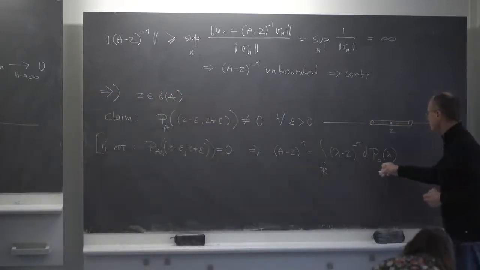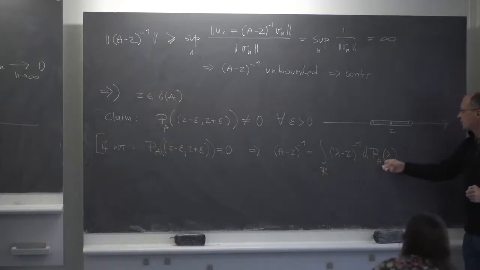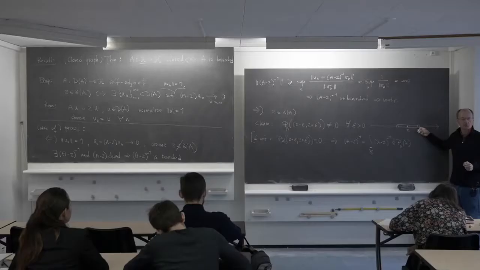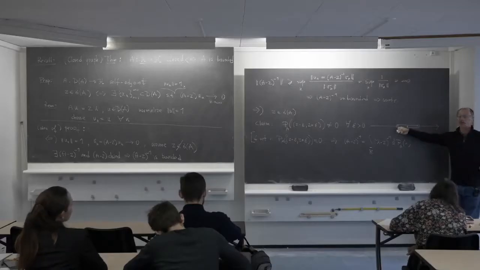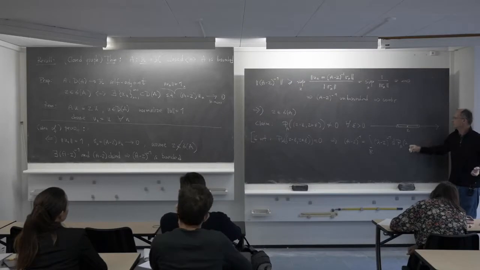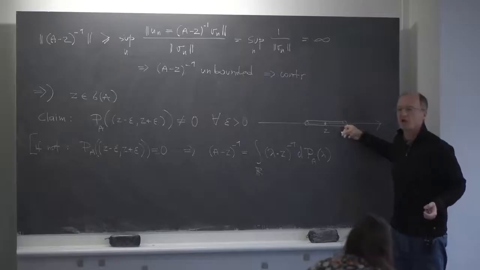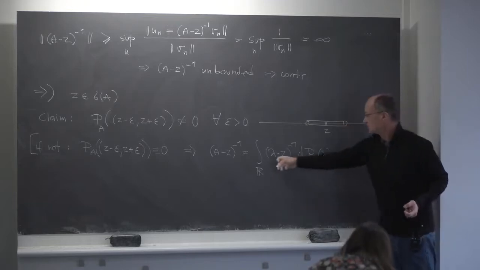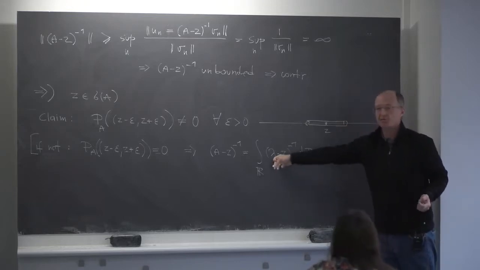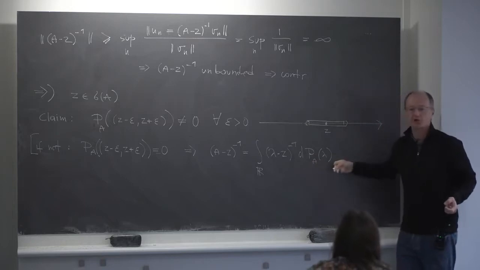Then you see what happens. This projection-valued measure, this P_A of lambda, doesn't change here. So when I define my integral using the Riemann sums, there will be no contributions from this part. And this means that this function is actually bounded on the support of the measure.